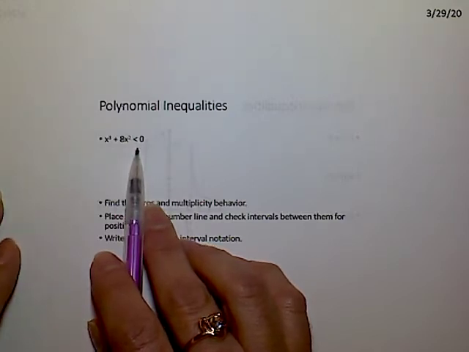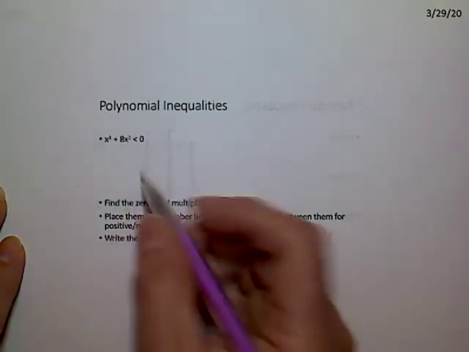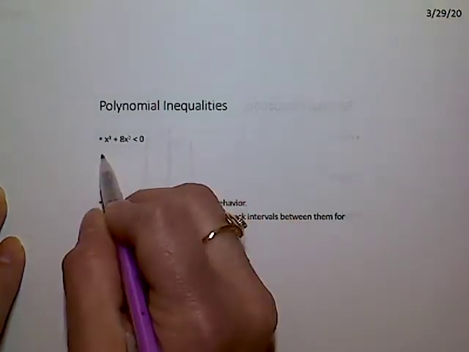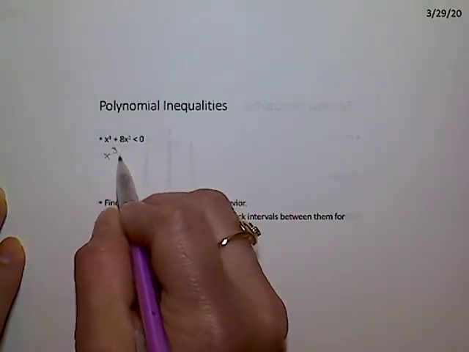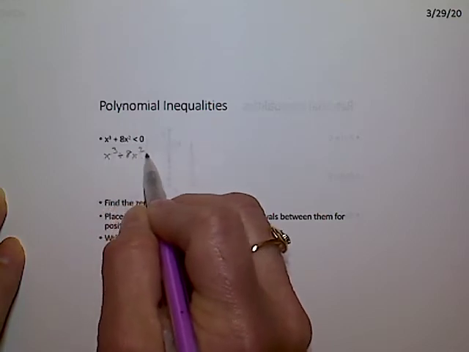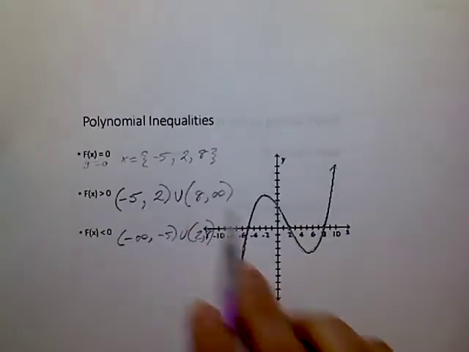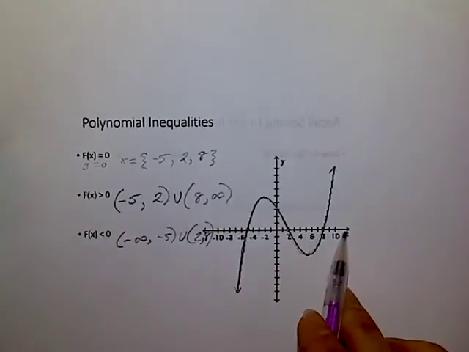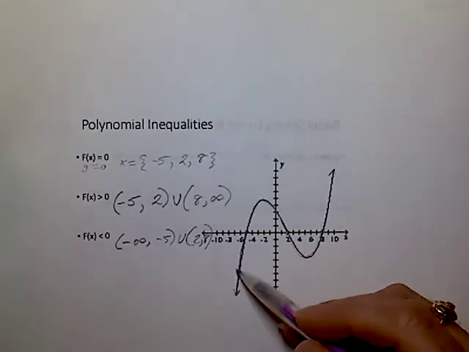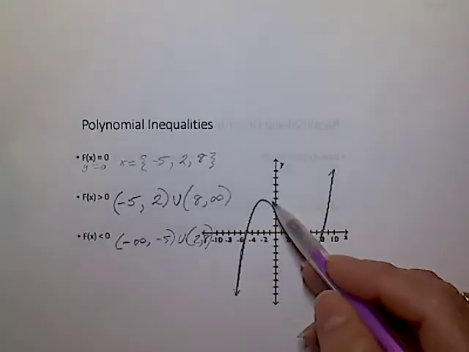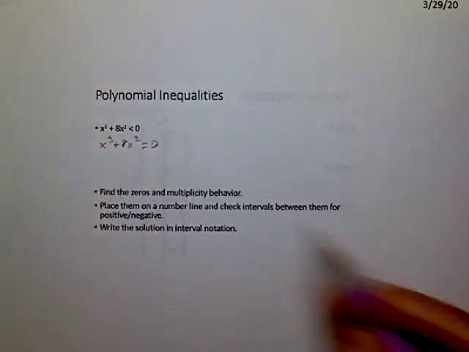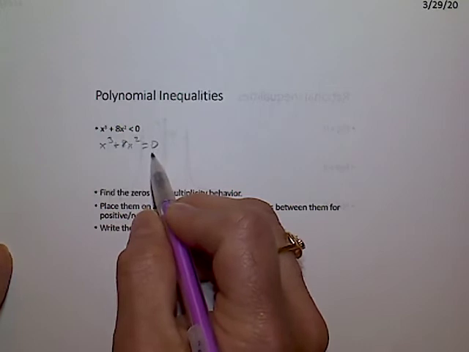What I want us to do is pretend that this is equal to 0, and solve that first. Did you notice on our graph that it's where it was equal to 0 where all of the changes occurred, where it became a change from negative to positive? So that's what I want to find out first. Where is it equal to 0?